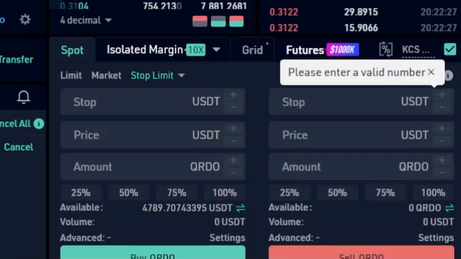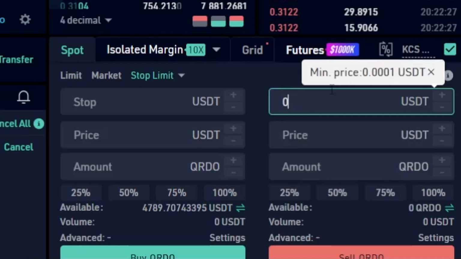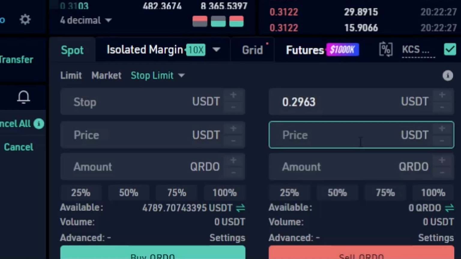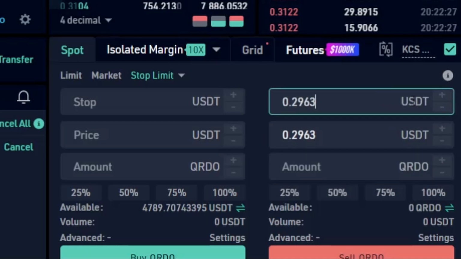The top one is where you want the order to trigger. So my stop loss that I put on my chart was 0.2963. Now, if I were to put that same price in this next one down that just says price, what it means is if it hits the price of 0.2963, it's going to attempt to sell however much Credo I tell it to try to sell.